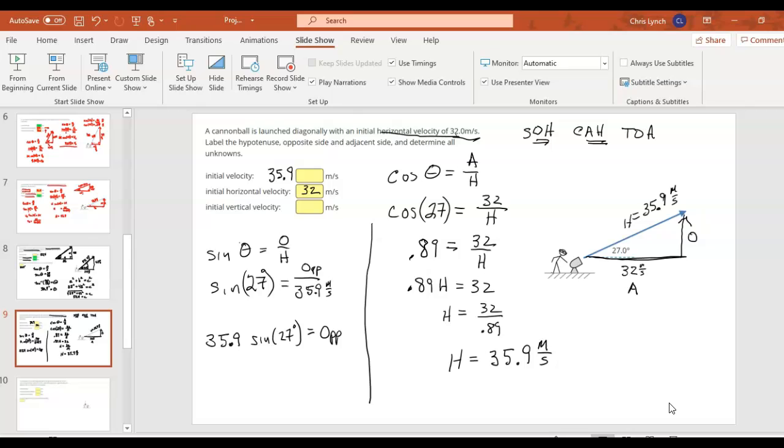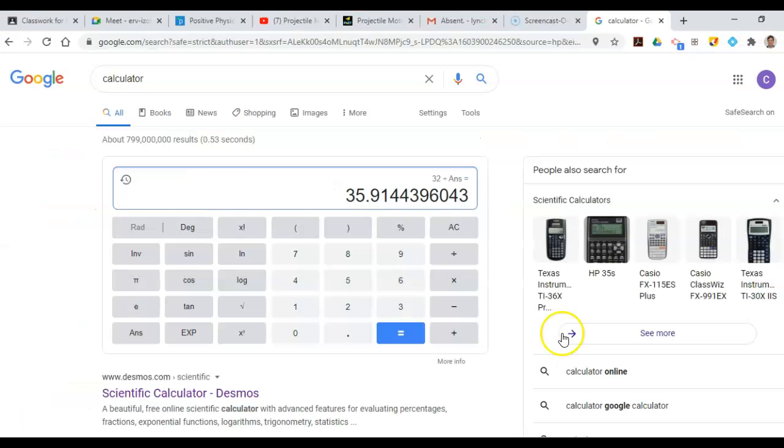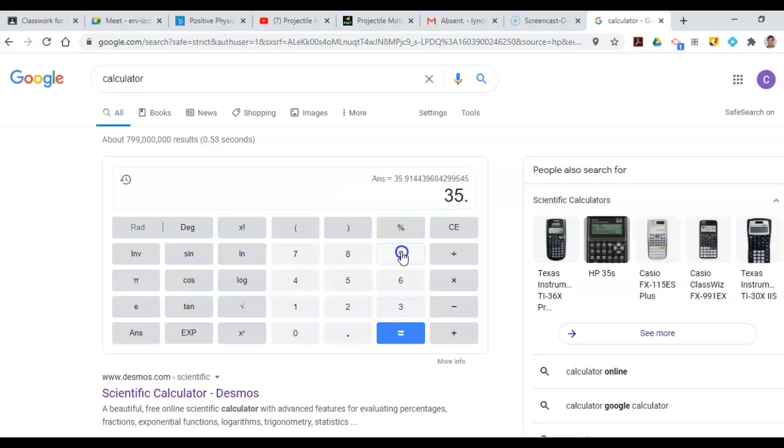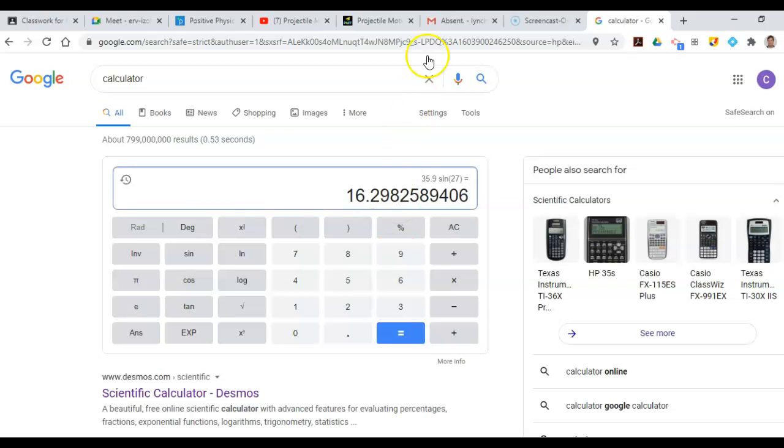So we just plug that in, 35.9 sine 27. So we go to our calculator, 35.9 sine 27 degrees, 16.3.